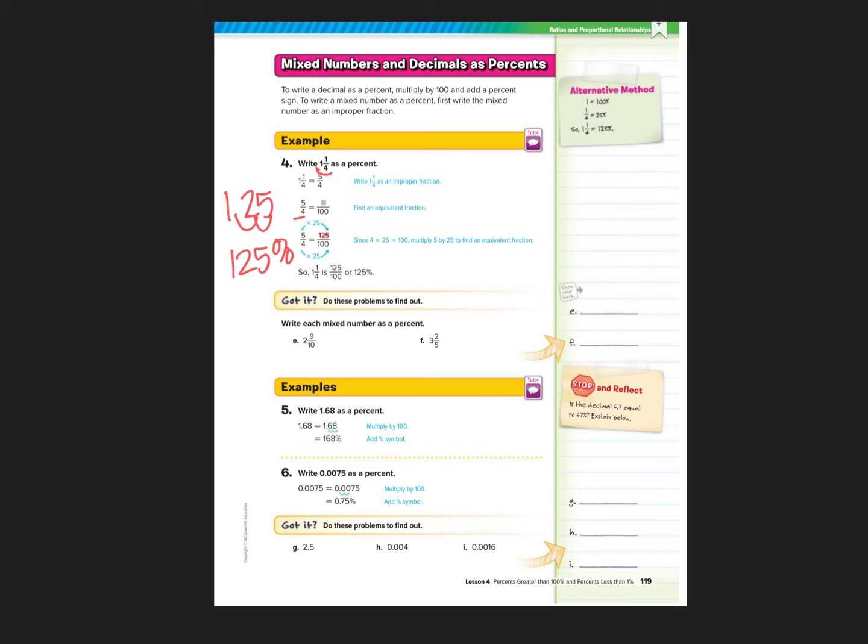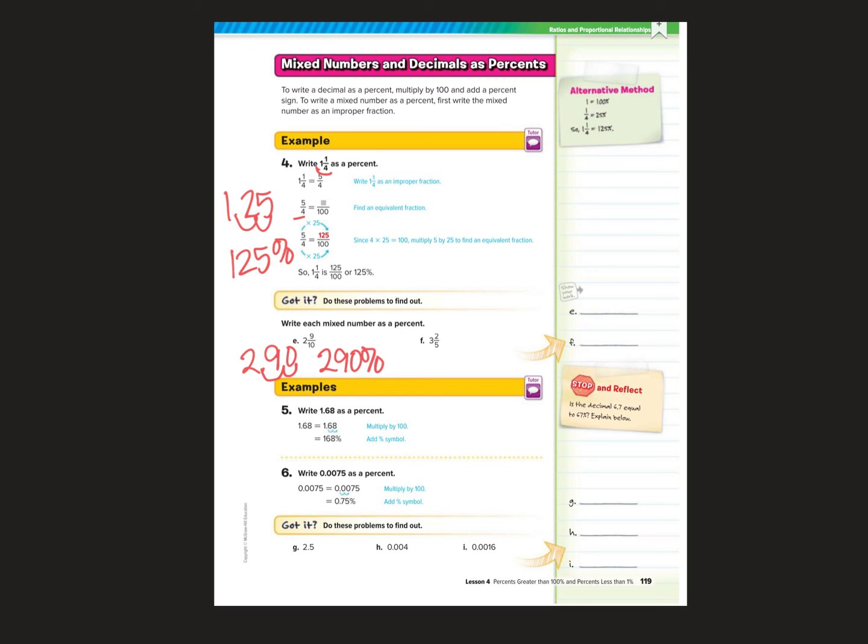2 and 9/10 would be 2.9. So then if I go boop, boop, it'd be 290%. 3 and 2/5. So let's do it the other way.